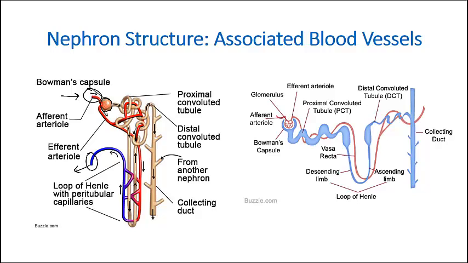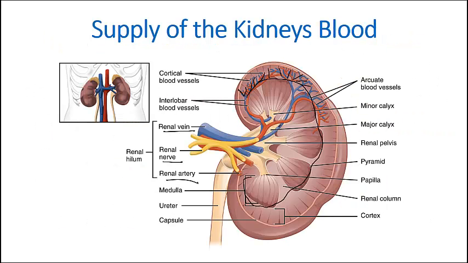So blood entering the kidney through the renal artery flows first into the segmental arteries and then into the lobar arteries. First it will enter the interlobar segmented artery. Okay, that's how they are transferred.